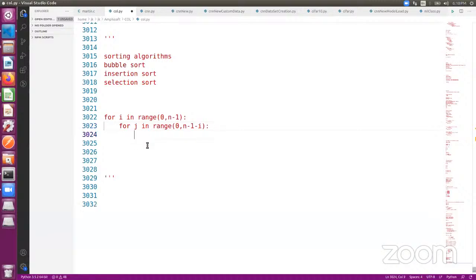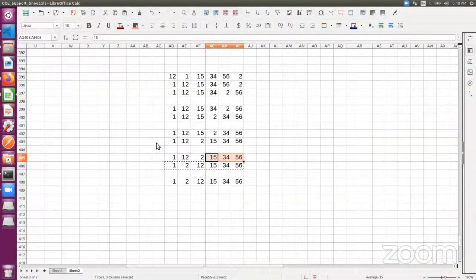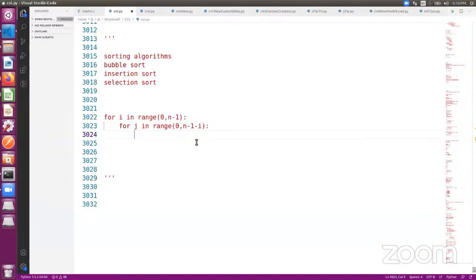And so what is the logic inside the J loop? I'm just comparing the adjacent elements, right? So if A of J, where A is the array, okay? A is a list, right? Capital A. A of J, if it is greater than A of J plus 1.